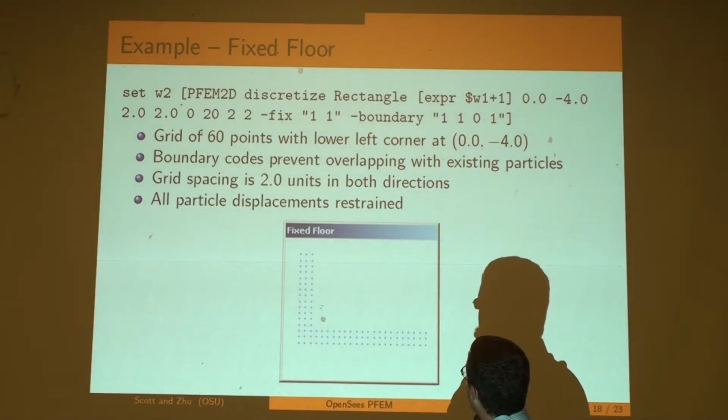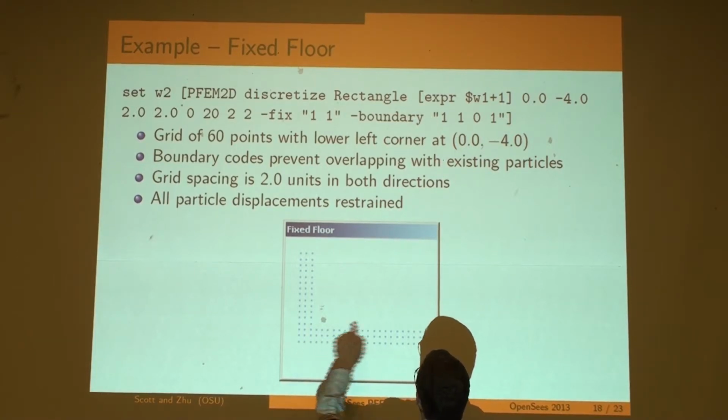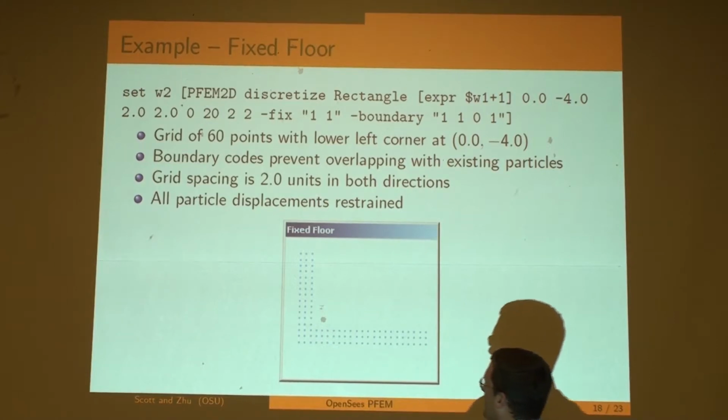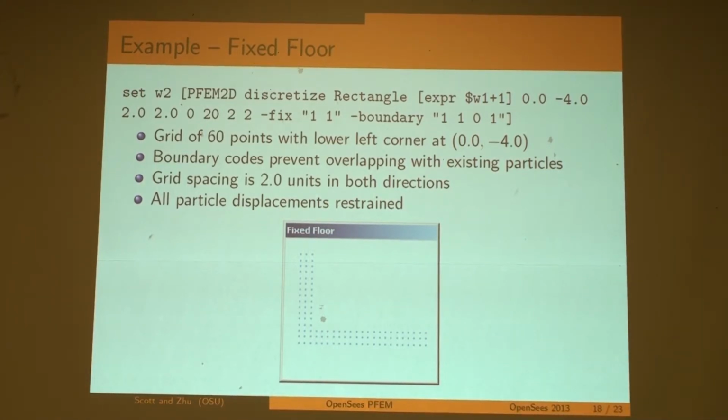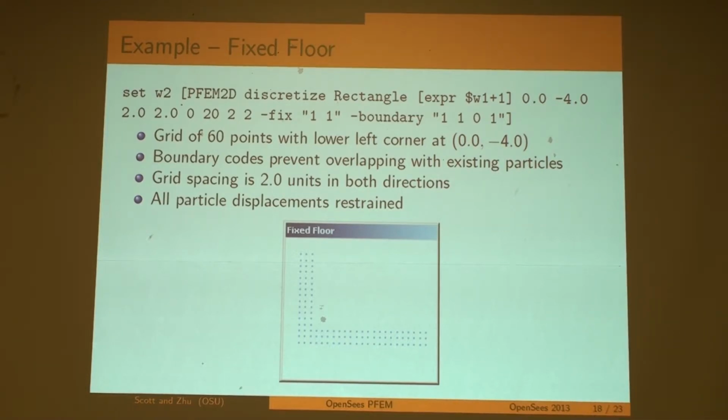And then the boundary codes, we don't want to create more particles or duplicate these particles here, so we do the 1, 1, 0, 1 on the boundary discretization. Which is better than trying to offset it manually, move the coordinates around.